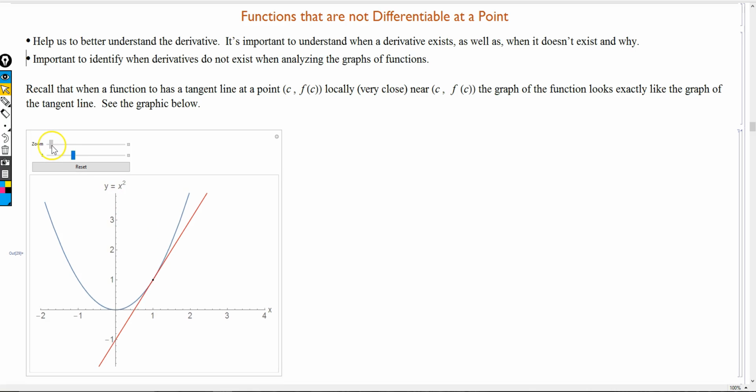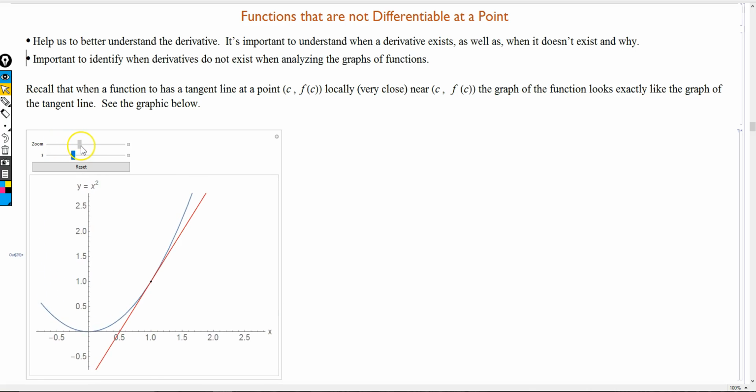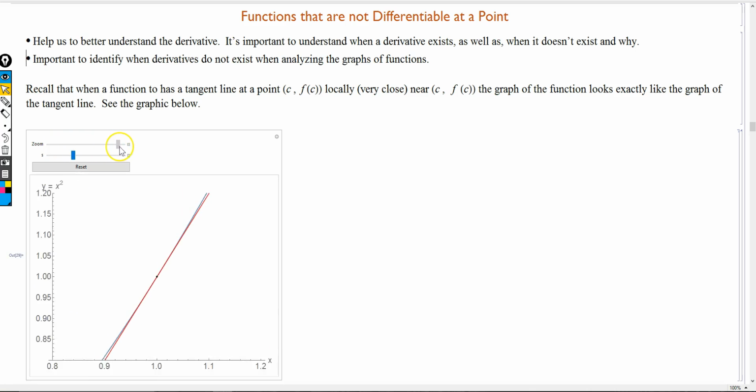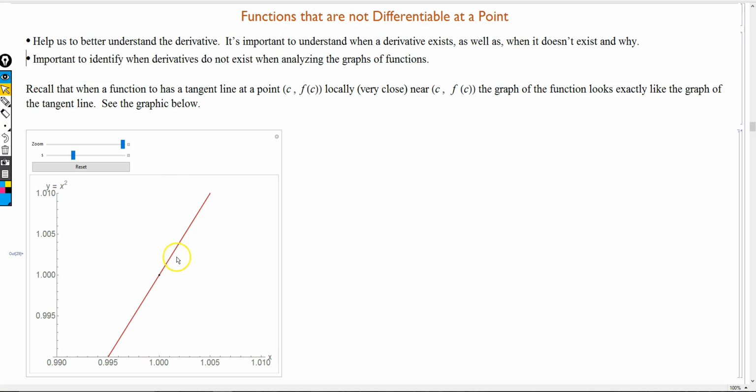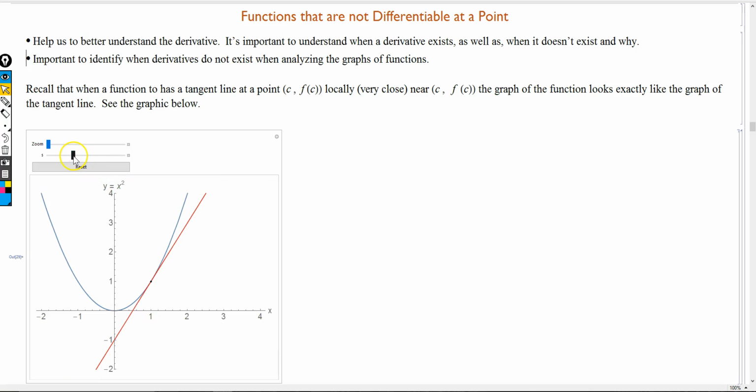So if we zoom in, you see eventually the line and the graph of y equals x squared merge into one graph, and we can't really see the difference between the two. Now, if we were to take that line and tilt it just a little bit, that line does not look like it's tangent.